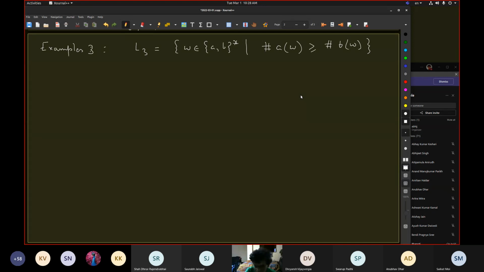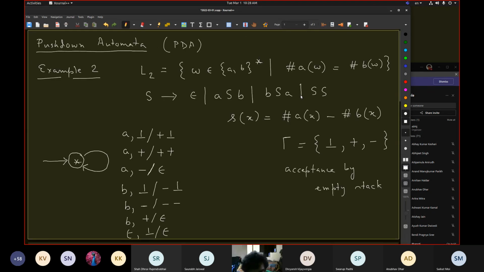Therefore, if I simply add this transition, I will write it in a different color. So do not read anything. If you see a plus, just get rid of it. So in addition to this, I also have this.